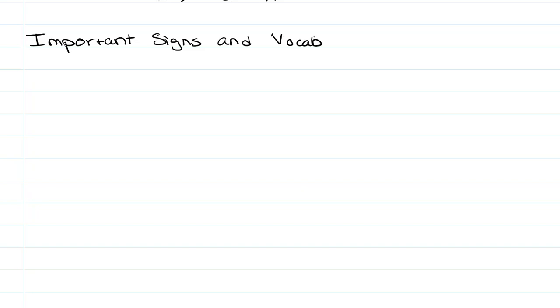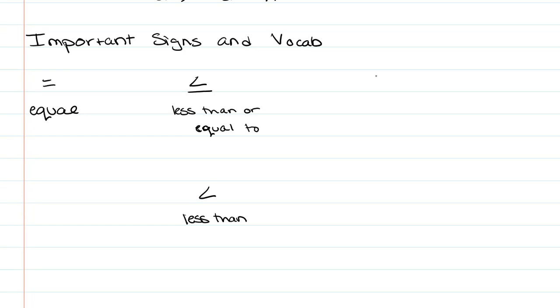Okay, so there's 5 signs, one we're familiar with, which is the equal sign. And then 4 more, so we have less than or equal to, we also have just less than, greater than or equal to, and then greater than.